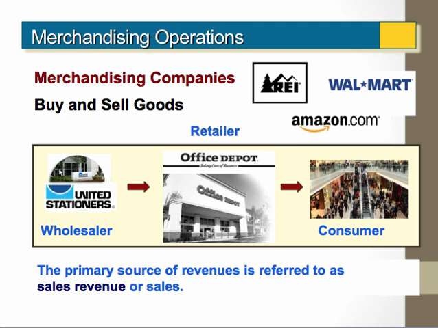Now, a merchandise company can be a wholesaler or a retailer, but ultimately they sell a product. They can also provide services to customers to provide revenues, but the key difference here is that they provide a product as a part of their revenue source.